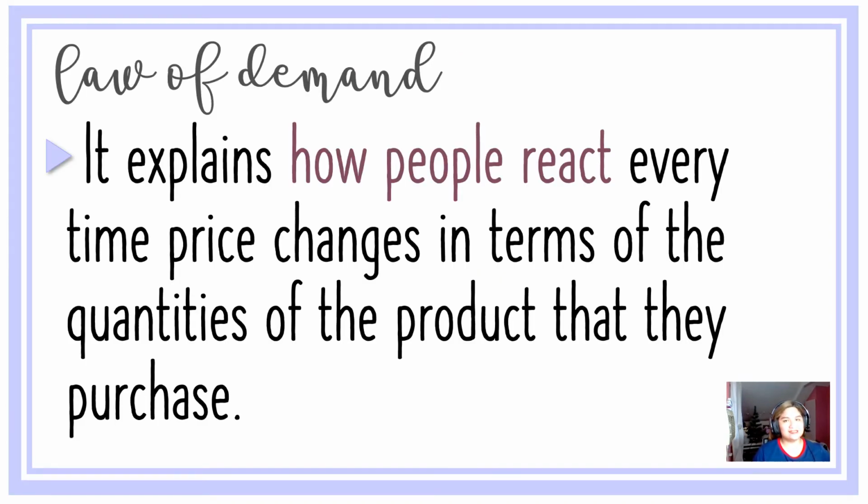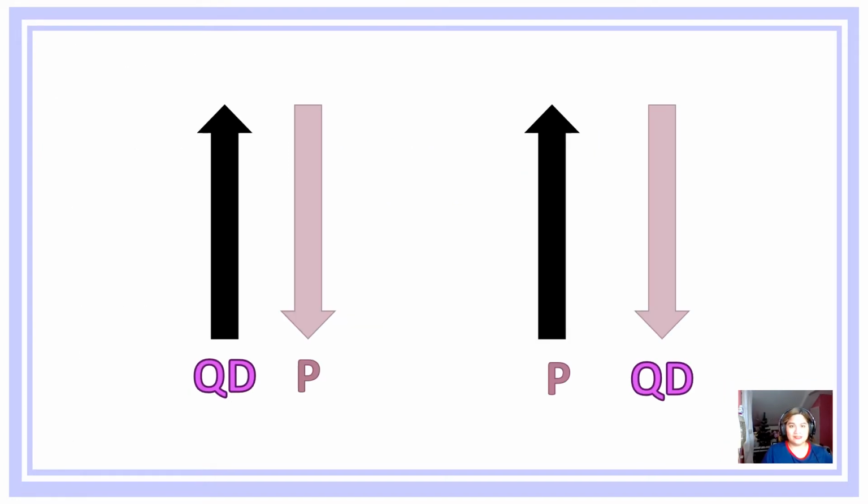And last, for the relationship between demand and price, we have the law of demand. The law of demand explains how people react every time price changes in terms of the quantities of the product that they purchase. So to show you clearly, this is the law of demand. This is what I've been mentioning earlier.